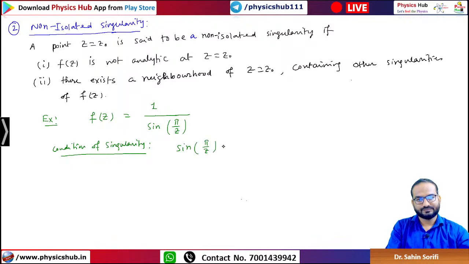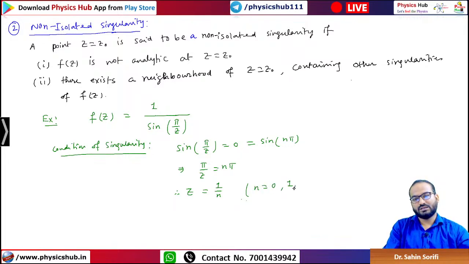So sin(pi by z) equals to 0, so that is equals to sin(n pi), and we can write pi by z equals to n pi, and hence z equals to 1 upon n. So if you put n equals to 0, 1, 2, 3 up to infinity, you will get different values of z. For all these values of z, the sin(pi by z) will be 0 and f of z will not be analytic.